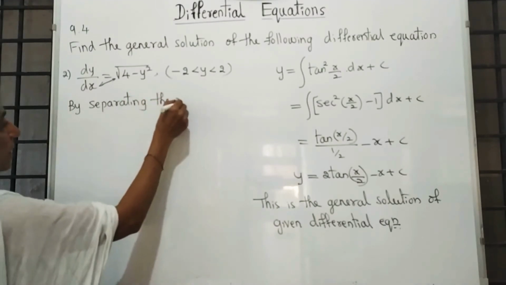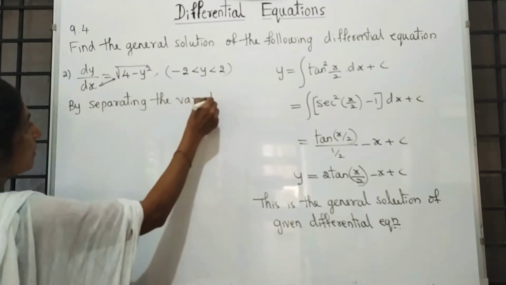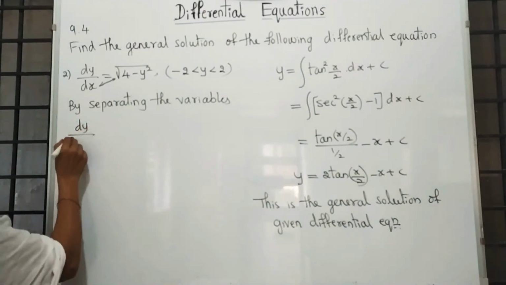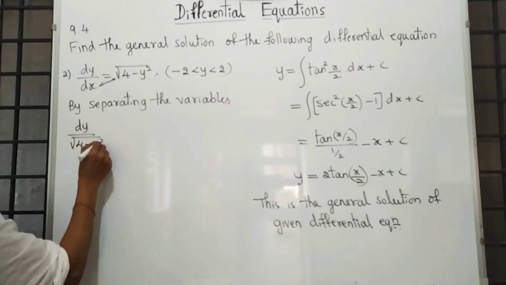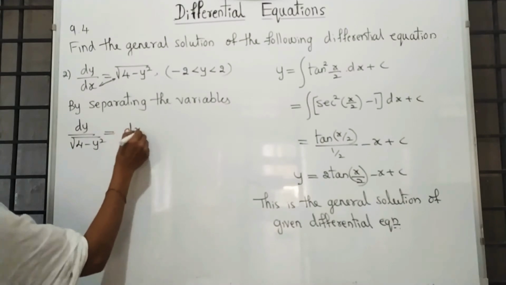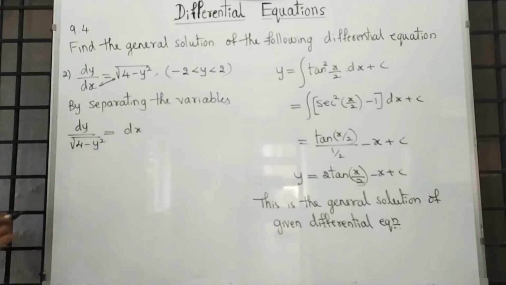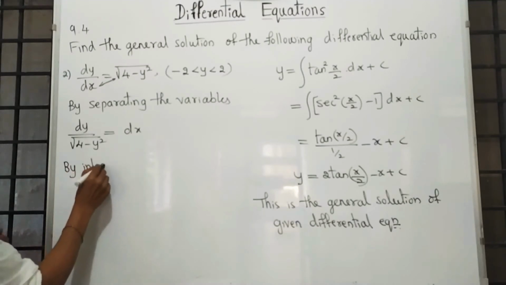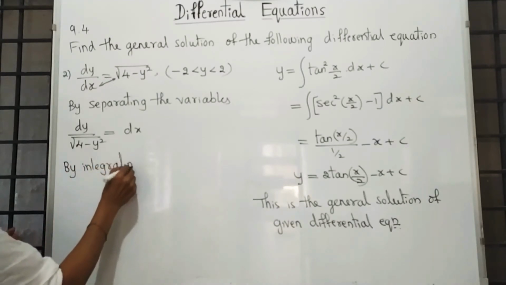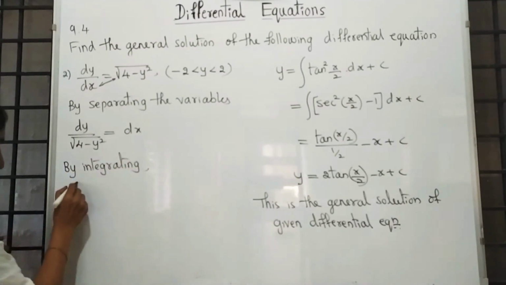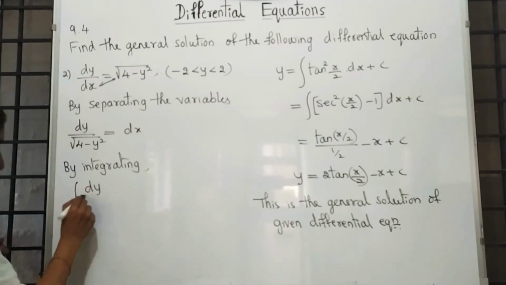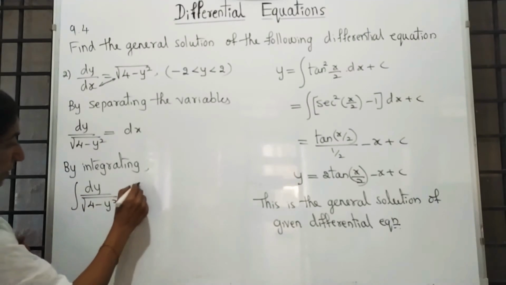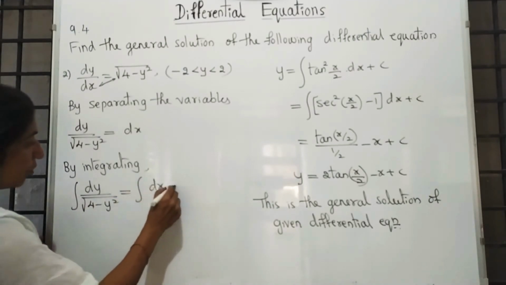By separating the variables, dy upon root of 4 minus y square is equal to dx. See, they are separated. Next, by integrating, this is dy upon root of 4 minus y square is equal to integration of dx.